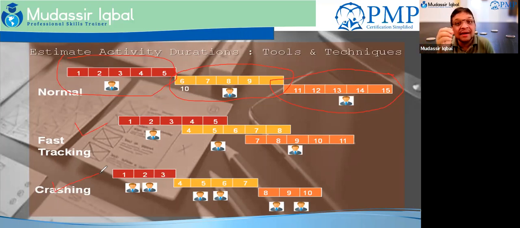But again, you have to look for the balance between adding the cost and getting the value out. Putting a third person will not give you any benefit, but it would definitely add a cost to your project. So when you are talking about fast tracking, it's a risk. And when you are talking about crashing, it is the cost that would go up.